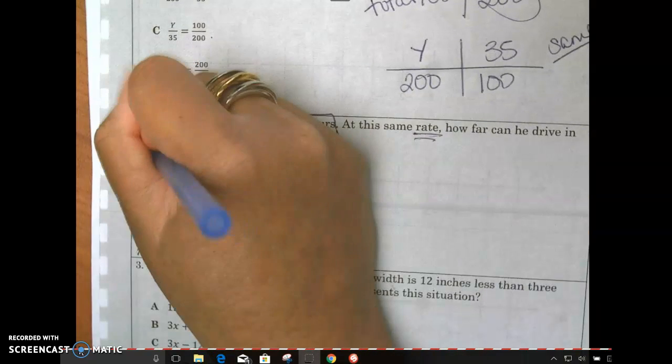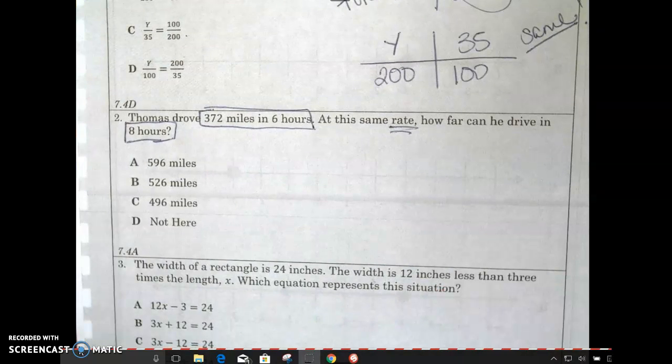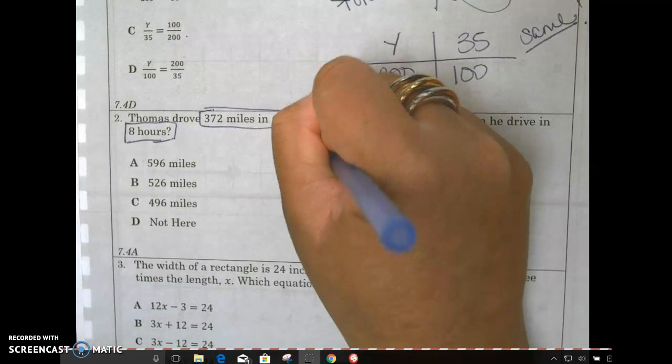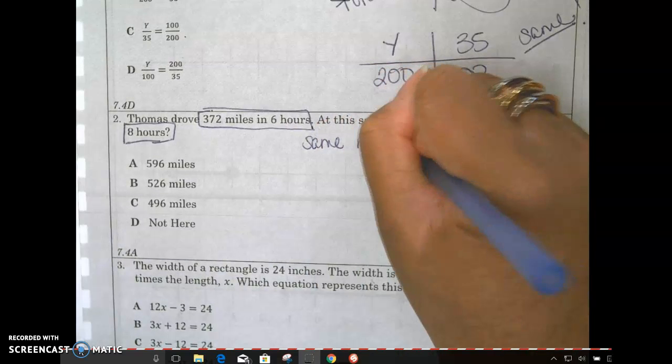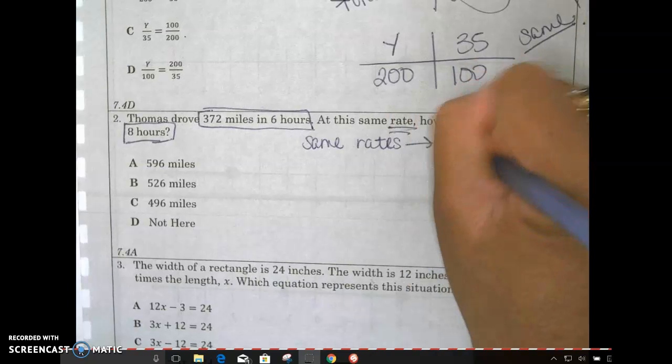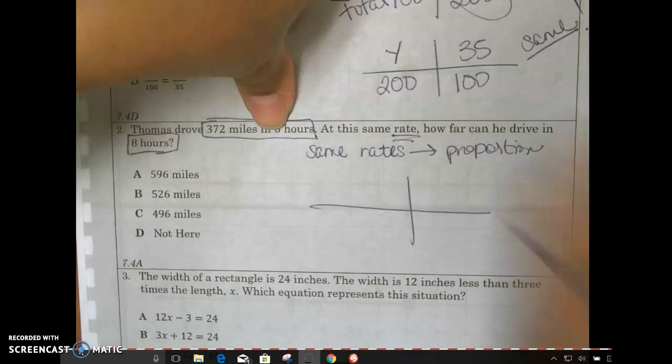So, what do I need? If it's talking about rates and we're talking about same rates, what are we referring to? Yes, a same rate is a proportion. I will be dividing somewhere, but I need to make sure I'm dividing by the proper number.